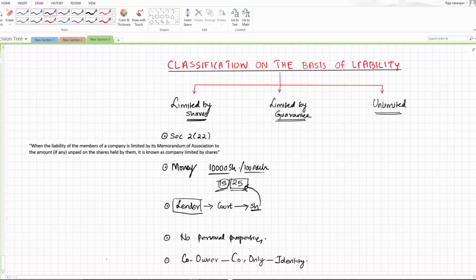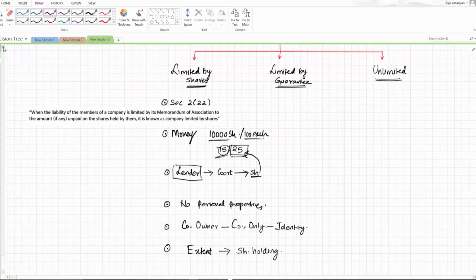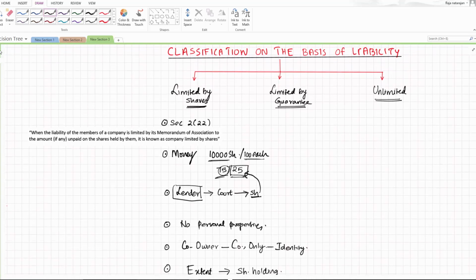So shareholders are owners of the company, but the extent of their ownership is dependent upon their shareholding percentage or proportion. So this is about the companies which are limited by shares.